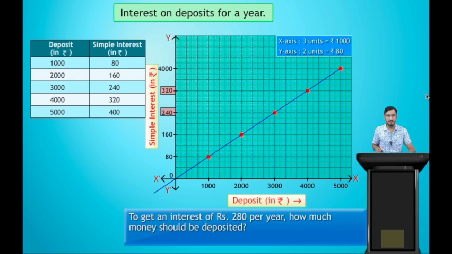First we find 280 on the y-axis, between 240 and 320. Draw a line, and you can see between 3000 and 4000, that is rupees 3500.